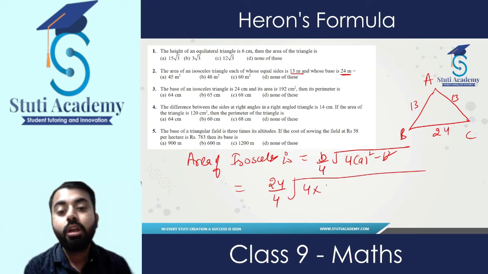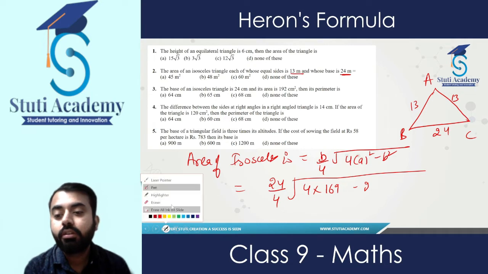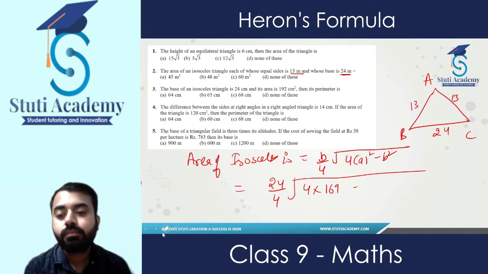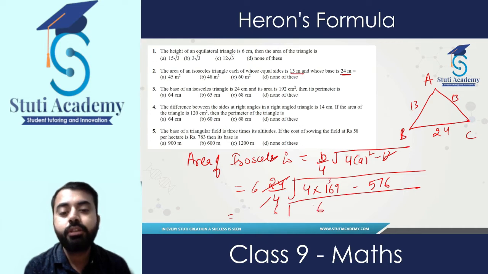That means 4 into 169, because the square of 13 is 169, and the square of b is 576. Now solve this. You will be getting 6 here, and 676 minus 576 will be 100. Square root of 100 is 10.